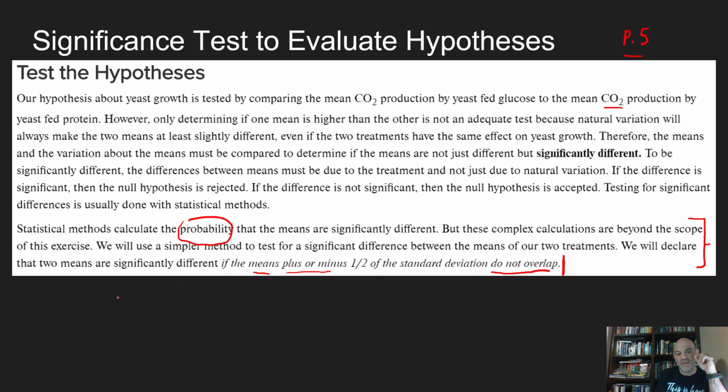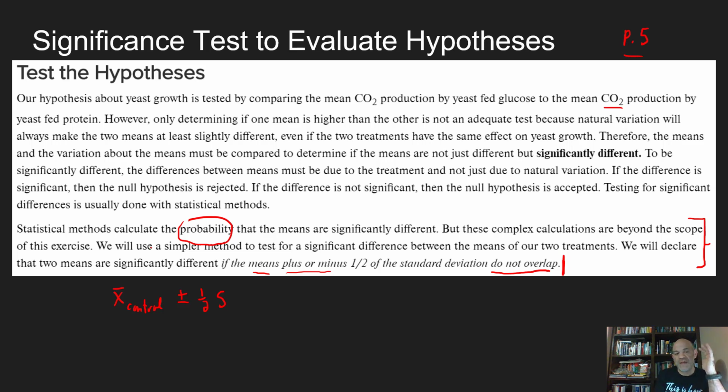So basically what we're going to be doing is we're going to take the mean for your control group, and we're going to add and subtract not a standard deviation, but half of that standard deviation, okay? And that's going to give us a range because we're going to get the mean and add half the standard deviation, and then we're going to get the mean and subtract half a standard deviation, and that's going to give a high and low value, okay?